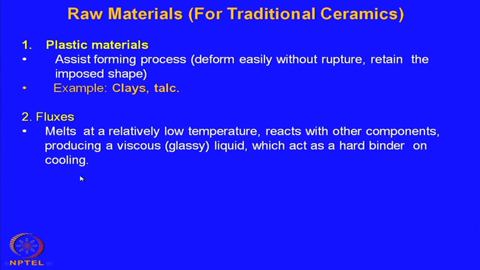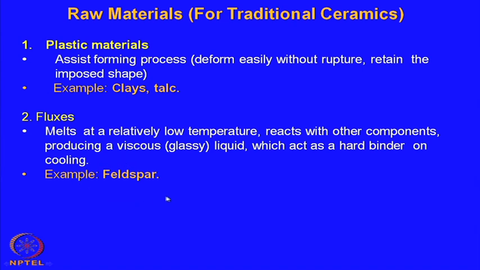So, flux is the second component of the raw materials for traditional ceramic products, and the example is feldspar. The composition and other things we will discuss at a later stage.